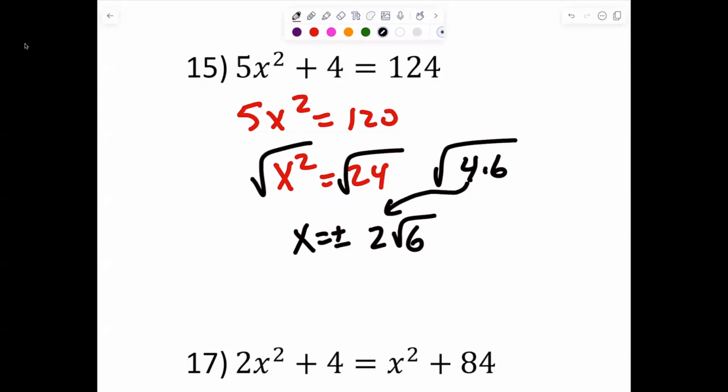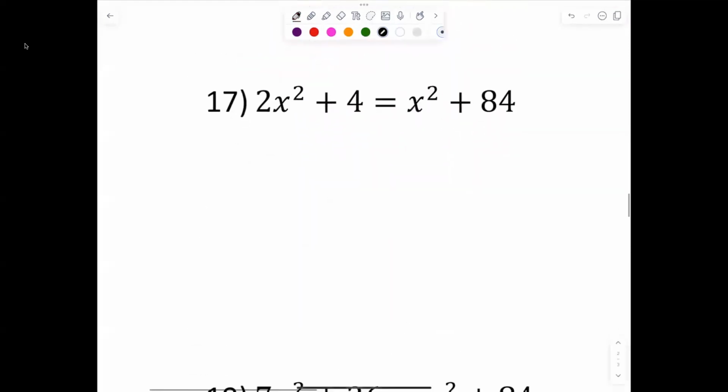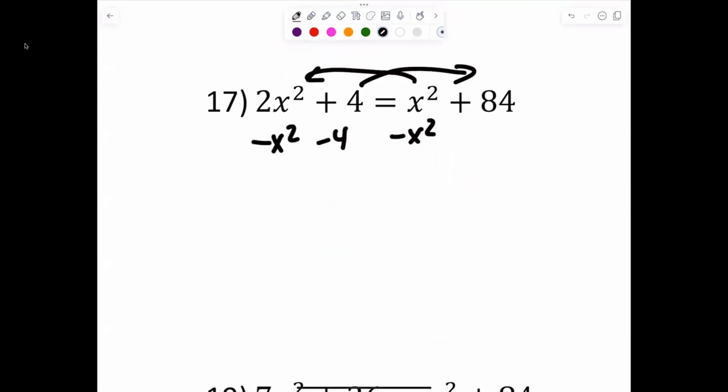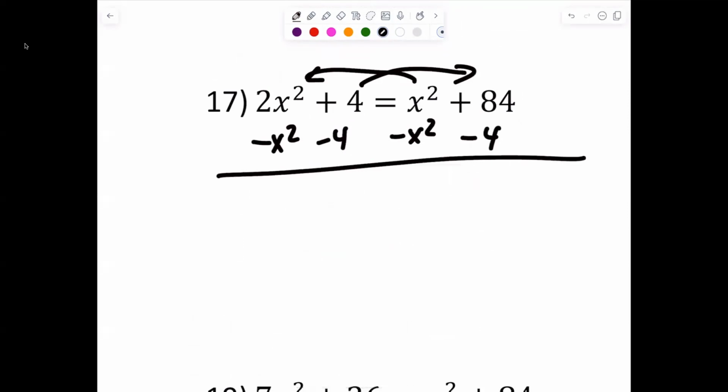All right. I told you, very simple. This is the easy one. Now over here, I just have to move things around, correct? So I have to subtract x squared, subtract x squared, subtract 4, subtract 4. What's 2x squared minus x squared? What's 2x squared minus 1x squared?